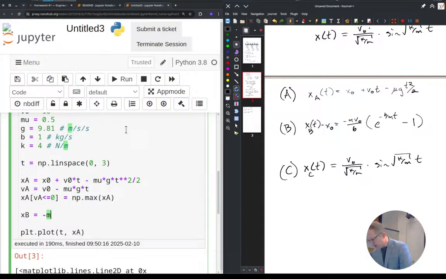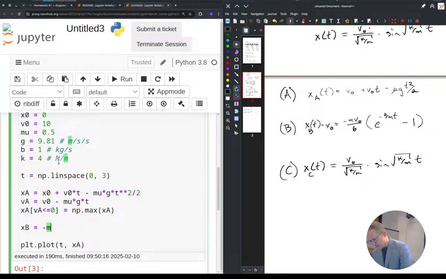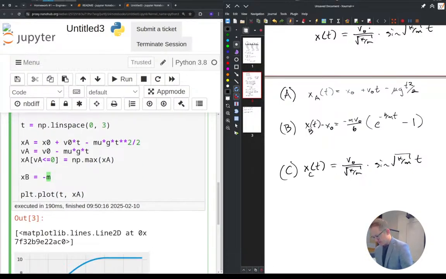Oh, I guess I didn't write the mass, did I? M is 1 kilogram. Negative m times v0 over b, times the exponent of negative b over m times t, and then minus 1, like that.